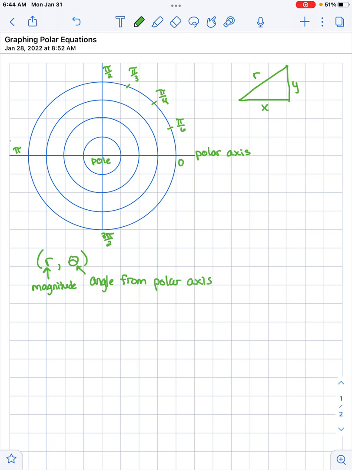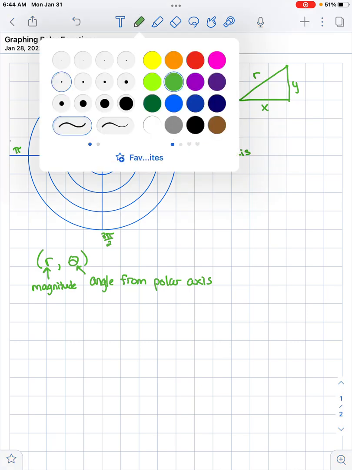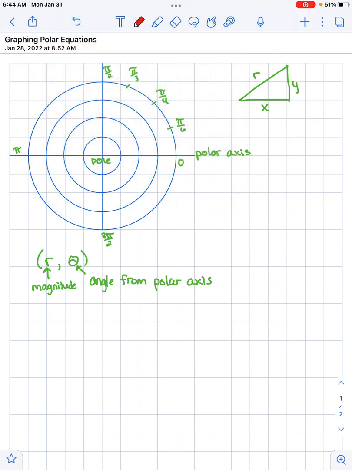Okay, so let's graph a couple points, and I'm going to do this in red so it'll be obvious. Let's graph the point 3 comma pi over 3. It's a little bit strange because we actually start with the angle measure, even though it's written second in our ordered pair. The angle is pi over 3, and the r value is positive 3.